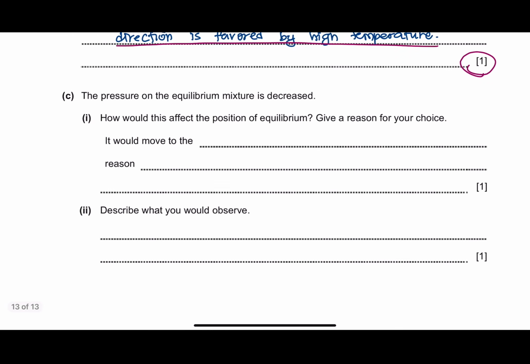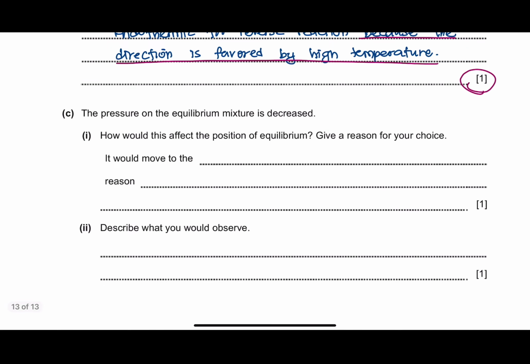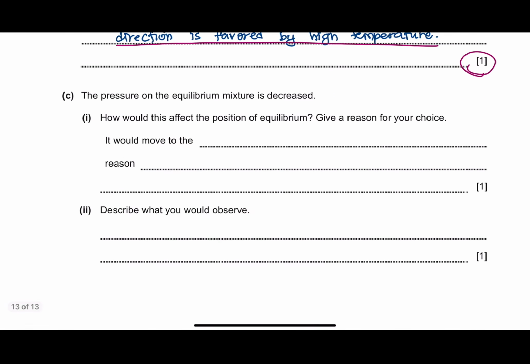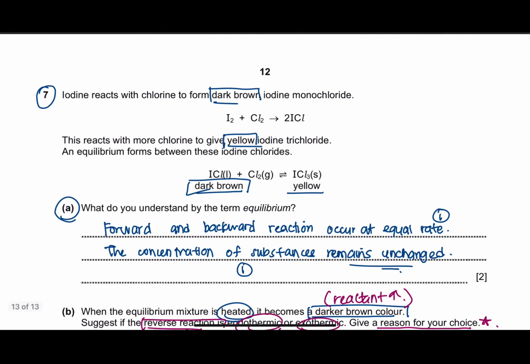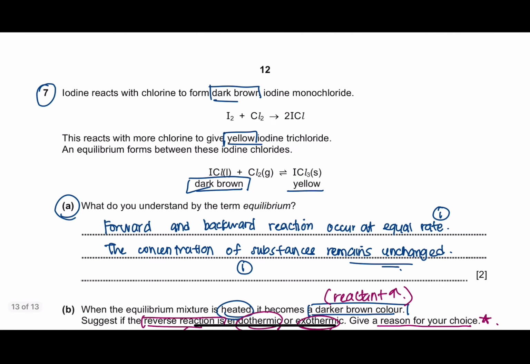So question C, the pressure on the equilibrium mixture is decreased. How would this affect the position of equilibrium and give a reason for your choice? So now that we're talking about pressure, we need to look at the volume of molecules. So if you look here, you would see that you have got iodine molecules here and chlorine molecules over here for your reactants.